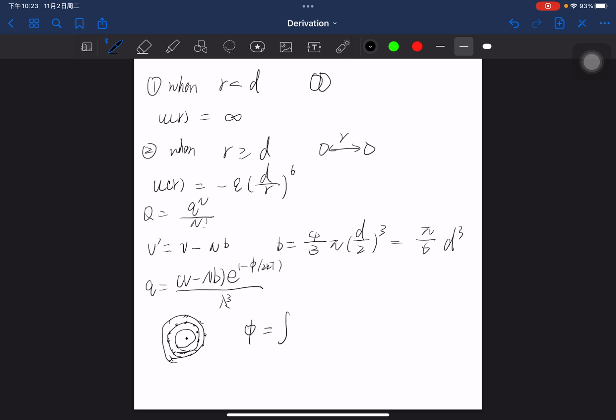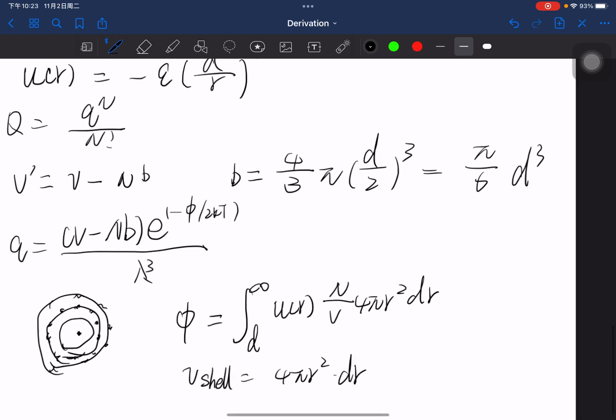We can do an integral in this case, from d to infinity, of u(r) times N over V times 4 pi r squared dr. The volume of the shell is 4 pi r squared times dr. I think that makes sense, right?